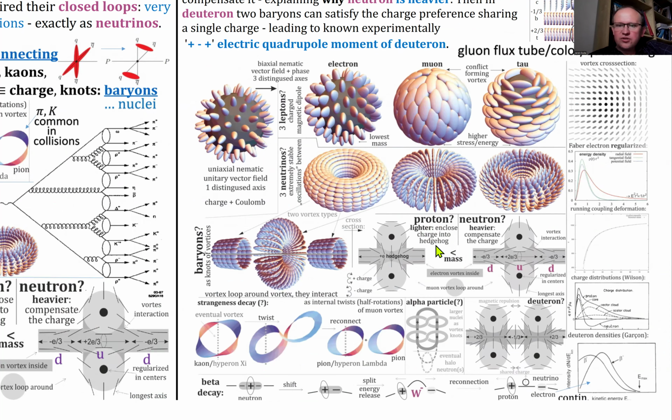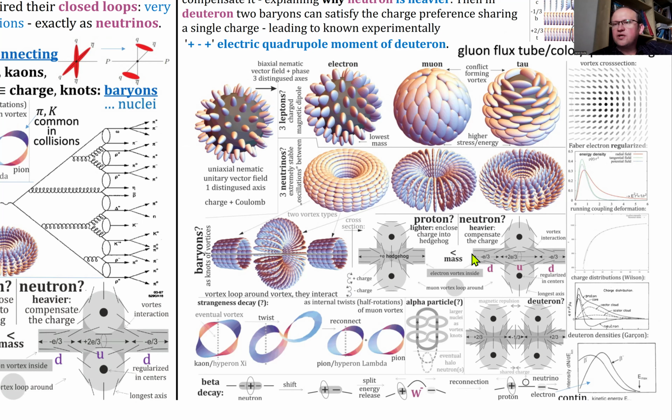If you look at the cross section, we can see that the vortex around deforms the field of the internal vortex, and it deforms it exactly toward the hedgehog. And hedgehog for us is topological as electric charge. So proton can just enclose this hedgehog, while neutron has to compensate it. So neutron also has this preference, but then it has to compensate it. This way we just explained why neutron is heavier, because this compensation is costly.